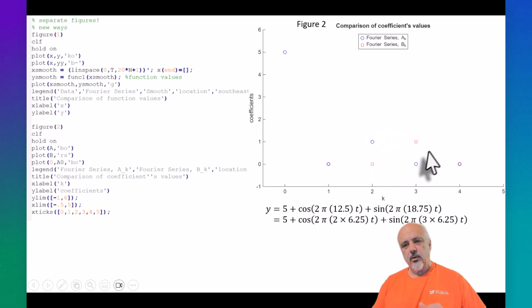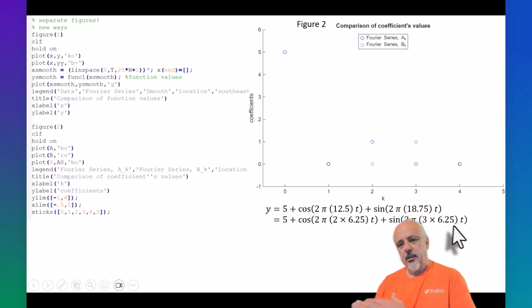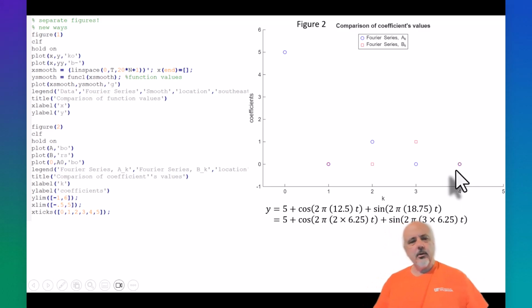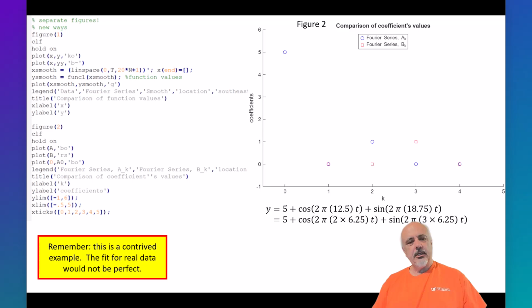So these are correct. So we see the 5 is shown up here. We see that this 1 here is corresponding to this term, the 2 harmonic. And then we see this 1 here is corresponding to this term, the magnitude of the sine, for the 3rd harmonic. And then the 4th harmonic is 0, 0, as we said, for both the A and the B, real and imaginary.